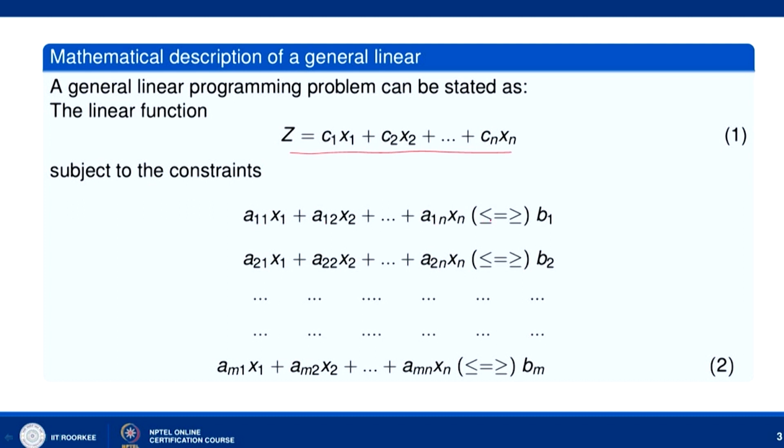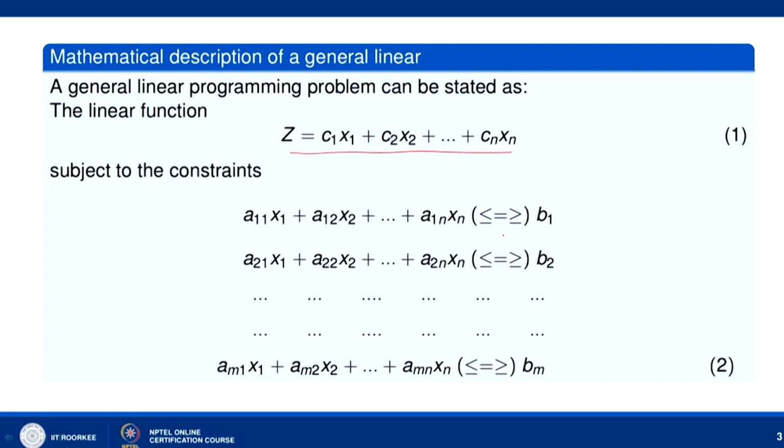It could be less than or equal to, it could be equal to, it could be greater than or equal to b1, a21 x1, a22 x2, up to a2n xn, and then less than or equal to or greater than or equal to b2, and am1 x1, am2 x2, up to amn xn less than or equal to or greater than or equal to bm. Now, if there is equality here, then they are called equations. If there is inequality here, then they are known as inequations.